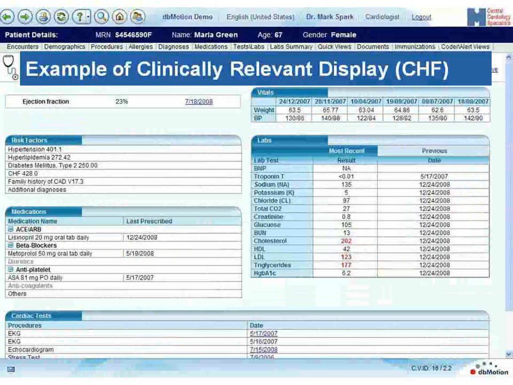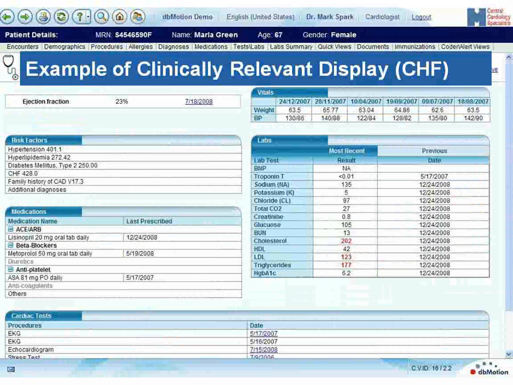And the way the semantics helps us get here is we can create relationships between heart failure and its risk factors, and we can create relationships between heart failure and the medications that treat it, and we can create relationships between heart failure and the laboratory tests that are relevant to it. And we can dynamically update these types of views without recompiling the source code.